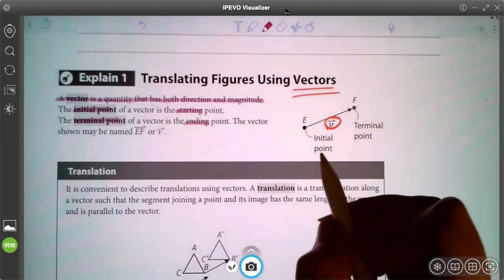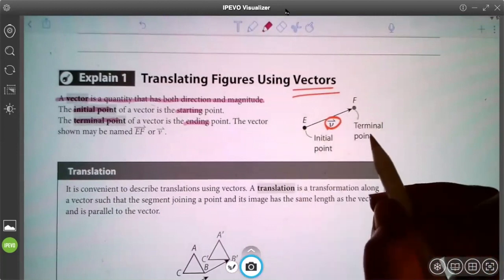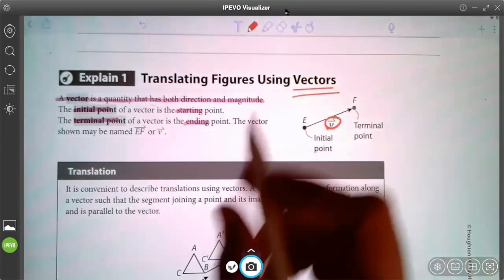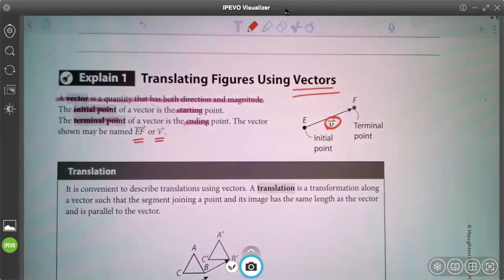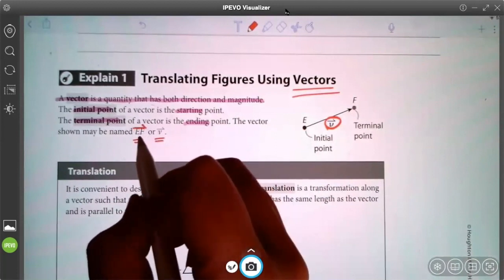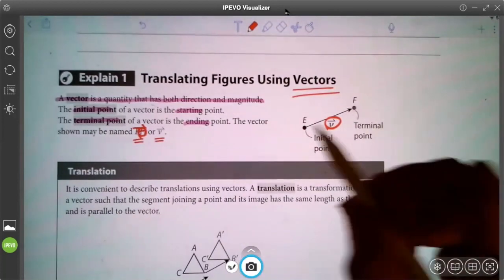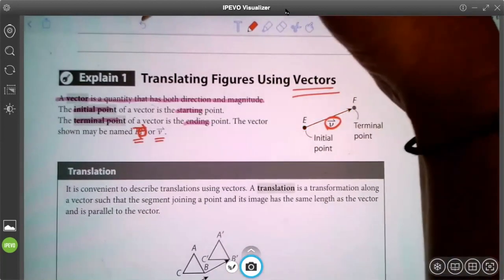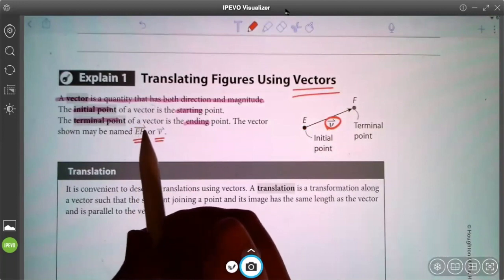So the initial point of vector V would be E, while the terminal point of vector V would be point F. So you can name the vector EF, or you can name the vector V. Please notice that when you have this little half arrow, your terminal point needs to go underneath that arrow. You can see we're moving it from E over to point F, and that's what's also indicated in our name. It starts at E and it moves toward F.